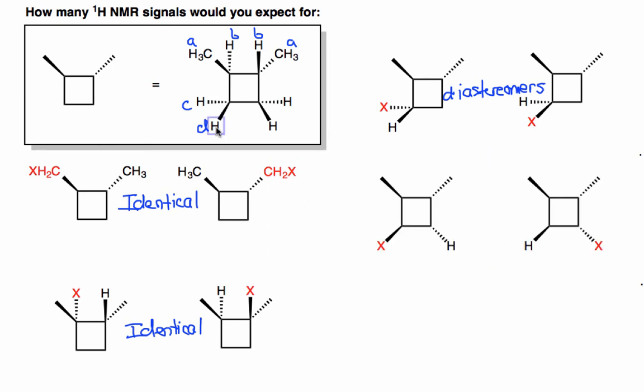Once again, this hydrogen that we've already labeled as D, I'll replace with an X, and then this hydrogen on the back carbon, I'll replace with an X, and we'll compare those two. If you think about taking this compound on the right, flipping it horizontally, this would superimpose perfectly with the compound on the left. So these two are identical.